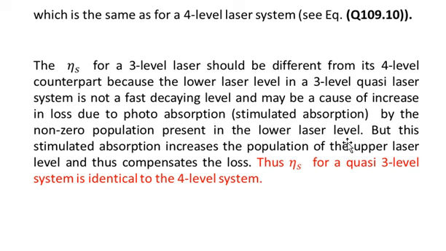You know that in the quasi 3-level laser system, the lower laser level is not an empty level, so the population there can reabsorb the emitted photons. The photons emitted through stimulated emission can be reabsorbed through stimulated absorption. But this stimulated absorption increases the population of the upper laser level and thus compensates the loss. Thus, eta S for a quasi 3-level system is identical to that of a 4-level laser system.